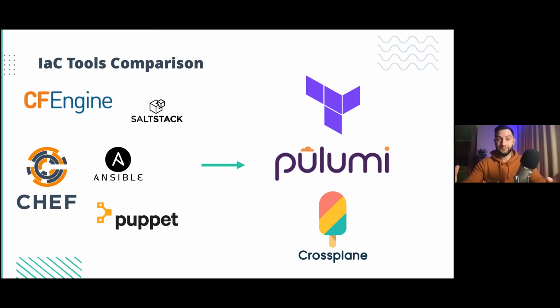But on the right side, we can see Terraform, Pulumi, and Crossplane. Comparing to Terraform, Crossplane has some advantages, but anyway, Terraform is the most popular tool. It's used almost in each project.